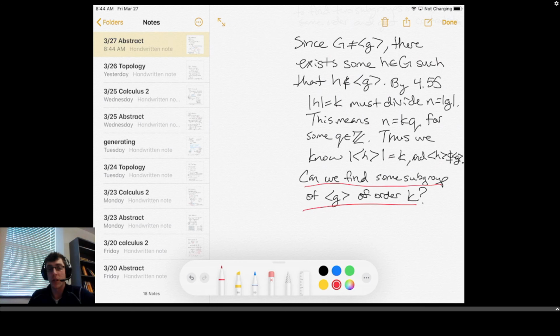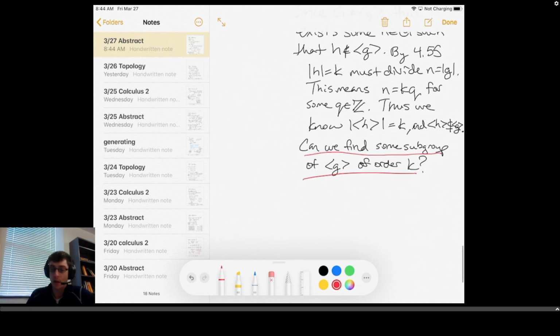Can you tell me? It's a subgroup of a cyclic group, so it has to be cyclic. Can you tell me what power of g must generate this subgroup? Close.